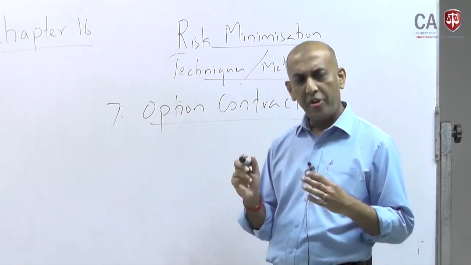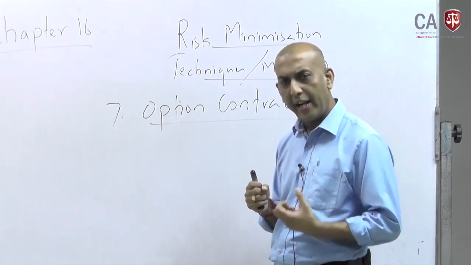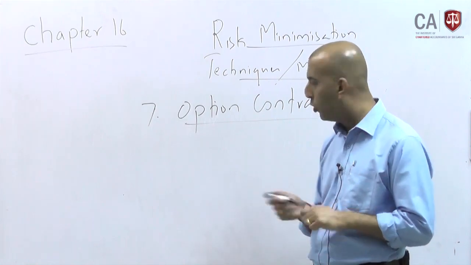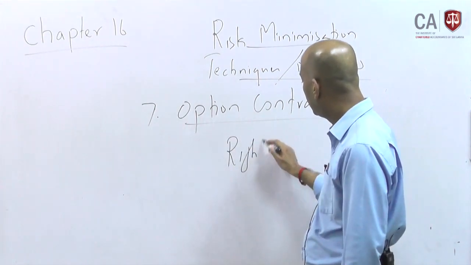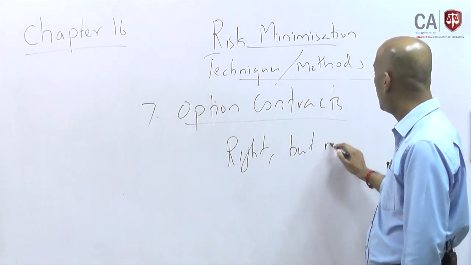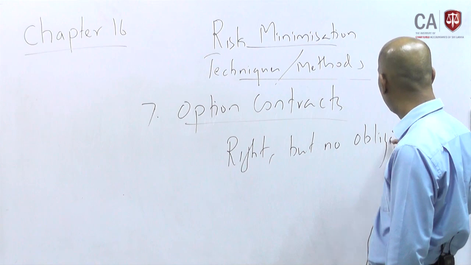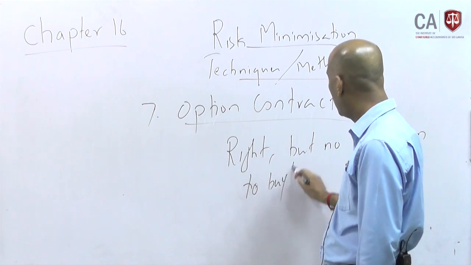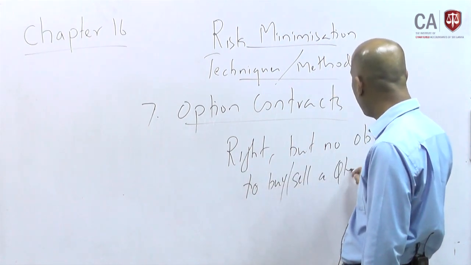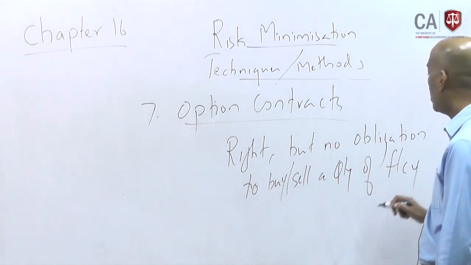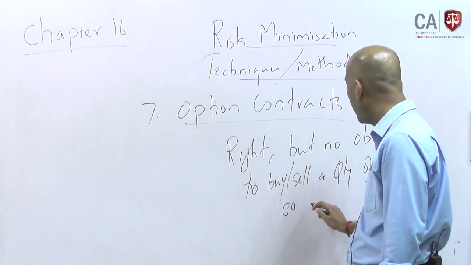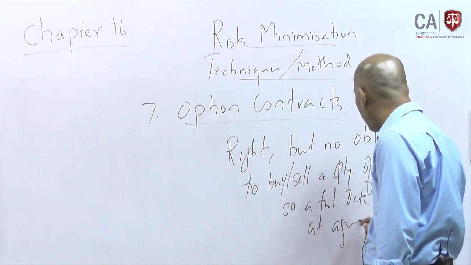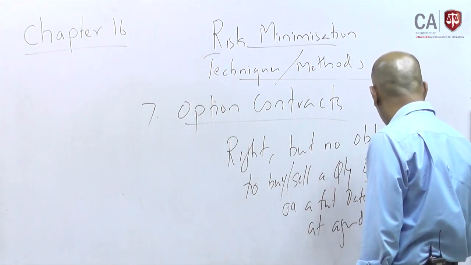These are contracts you can get from financial intermediaries or banks, which basically give you the right but no obligation to buy or sell a quantity of foreign currency on a future date at an agreed rate today.